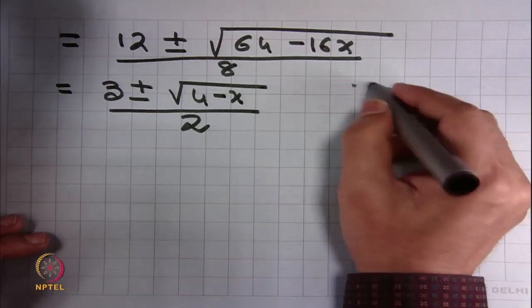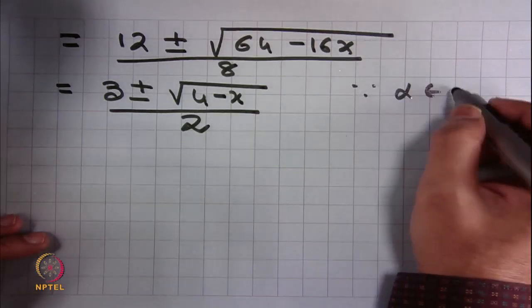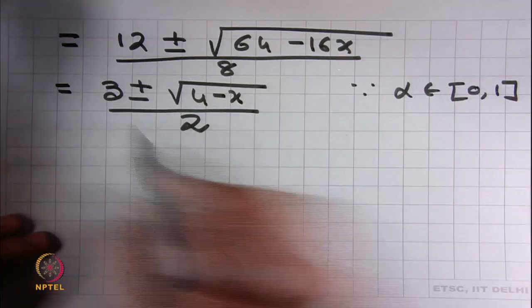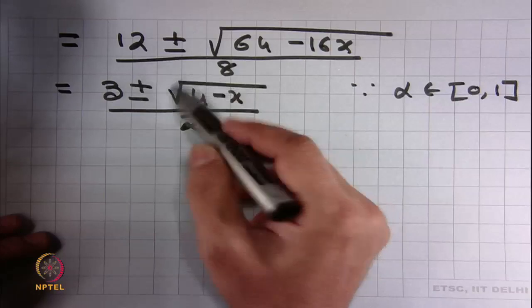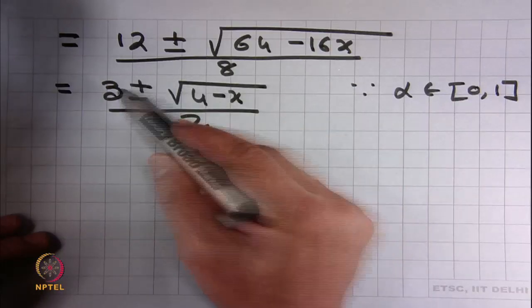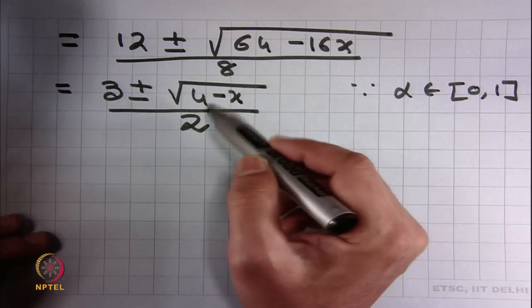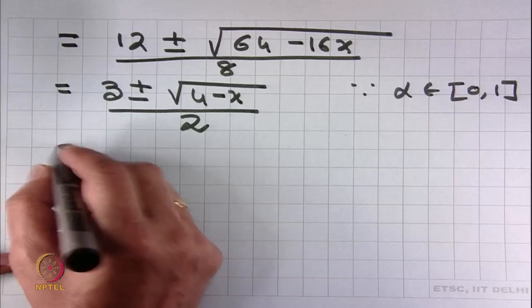Since alpha belongs to 0 1, if this is going to be positive, then 3 plus this quantity is going to be above 1.